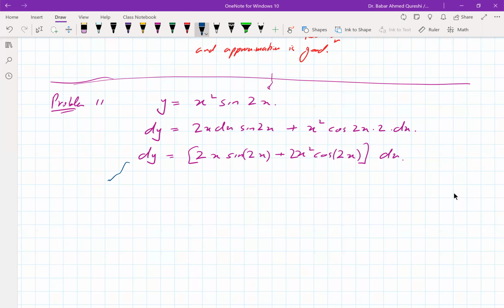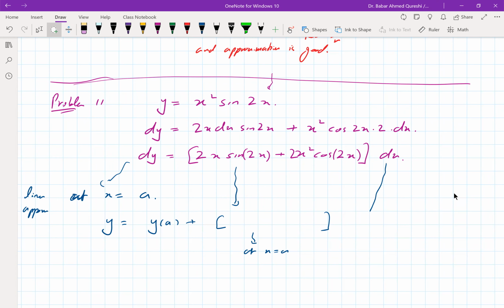So using this, if you want to open up linear approximation at x is equal to, let's say, a, so that would be plus this guy evaluated at x is equal to a, and dx is just then simply x minus a. All of this is a shorthand for this.